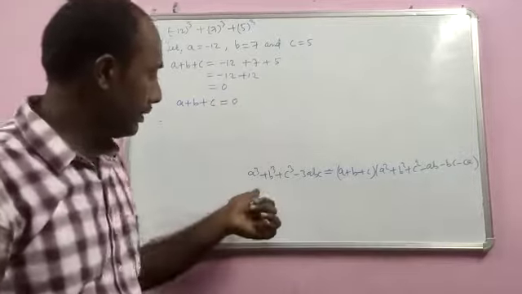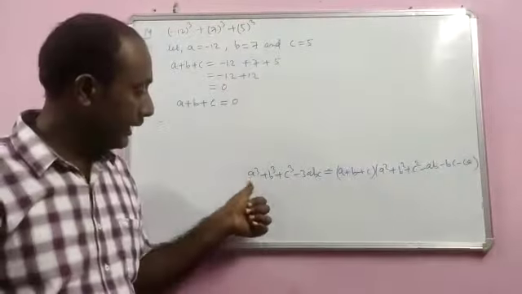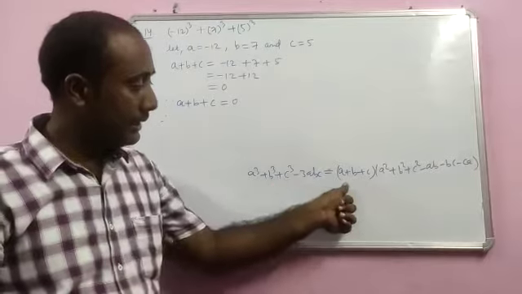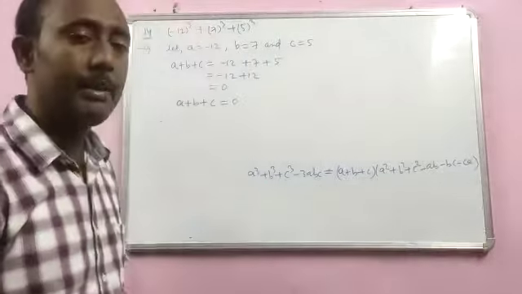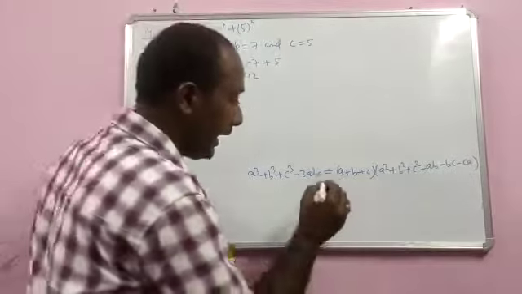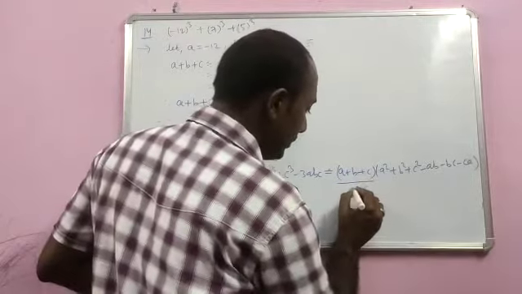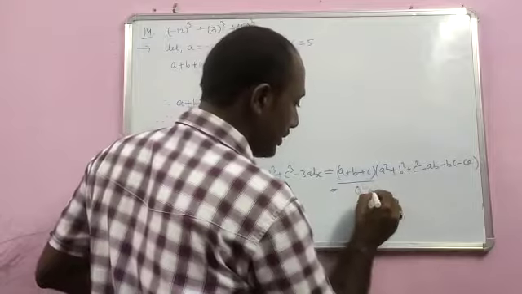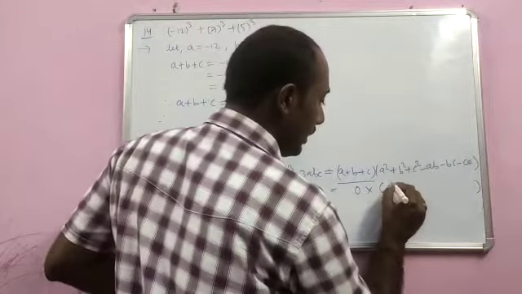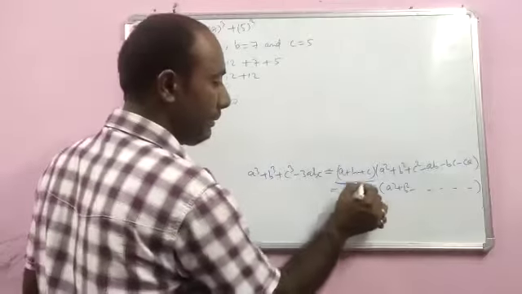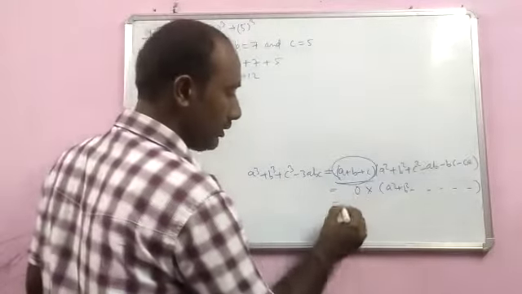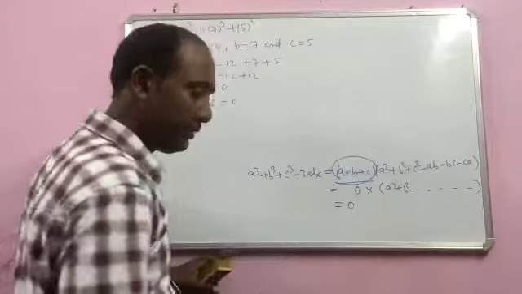Now you see this particular identity, A cube plus B cube plus C cube minus 3ABC is equal to A plus B plus C into A square plus B square plus C square minus AB minus BC minus CA. When we take A plus B plus C as 0, this will become 0 into this, that is 0.